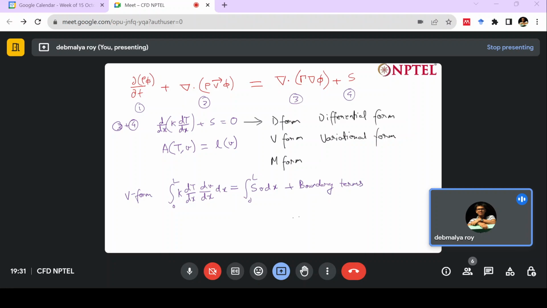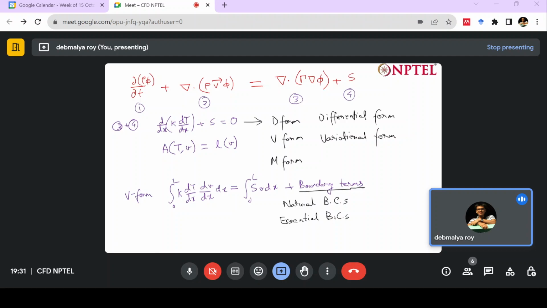If you recall these boundary terms, boundary conditions can be of two types: natural boundary conditions and essential boundary conditions. I suggest you go through this derivation so that you will have a good feel of what is being talked about.